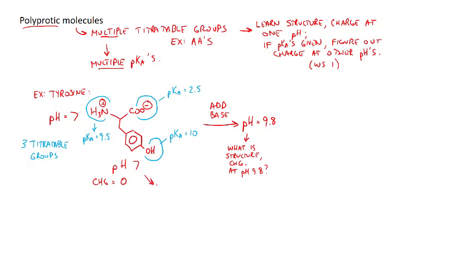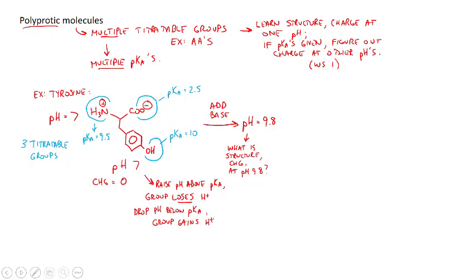Okay, let's raise the pH to 9.8. Now, whenever you raise pH above a pKa, that means that group loses a proton. And if you drop pH below a pKa, that group gains a proton.